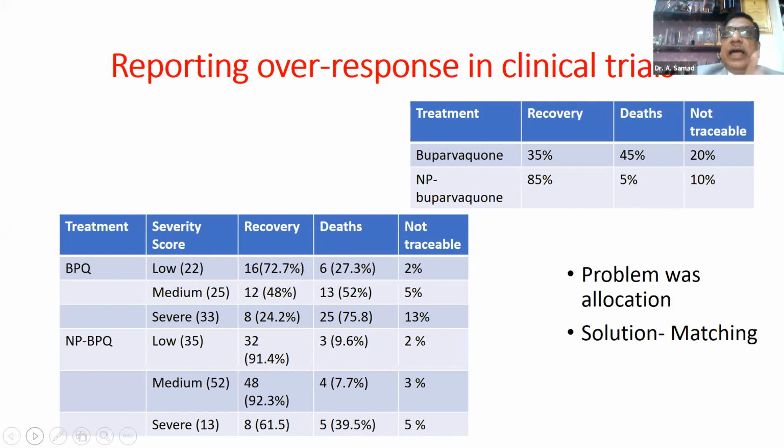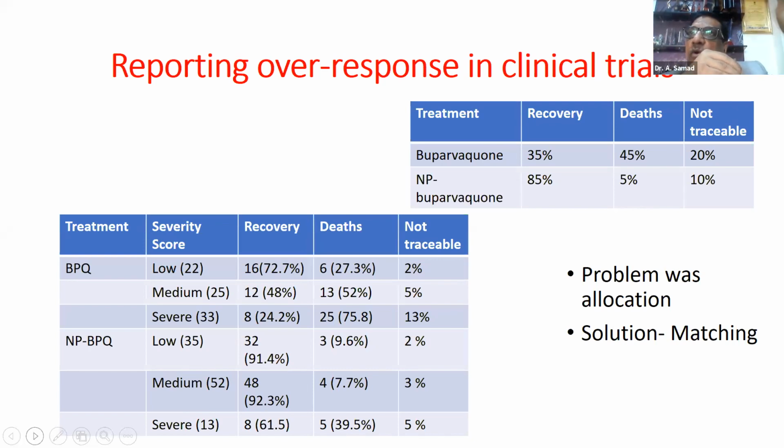Then I told him, okay, go back and redo the clinical trials, and there you do what is called matching. Matching is also a very strong way to eliminate selection bias. For example, in hemolytic anemia, we score the animal for different severities, low, medium.